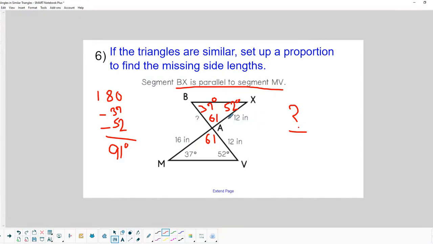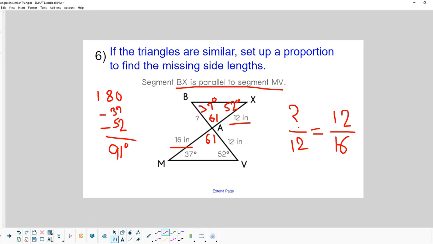Okay, so that means this question mark right here is going to correspond to the 12 over here, which means that 12 on this one is going to correspond to the 16 on this one. And now we can find our missing side.